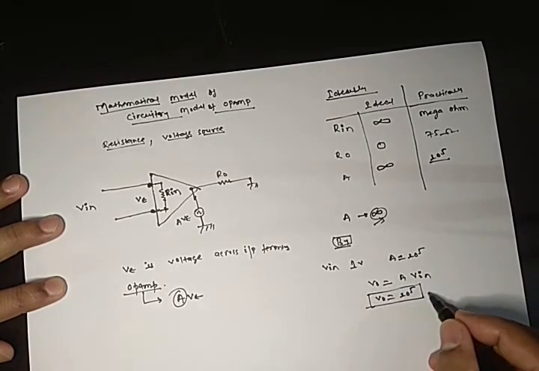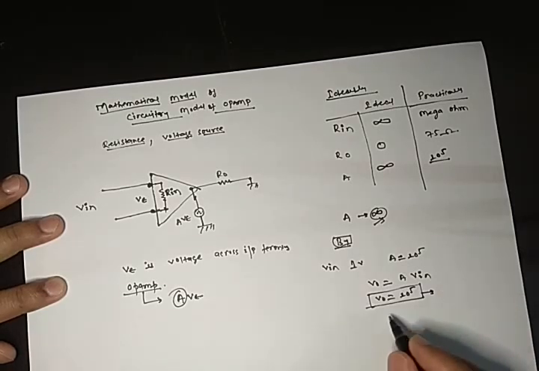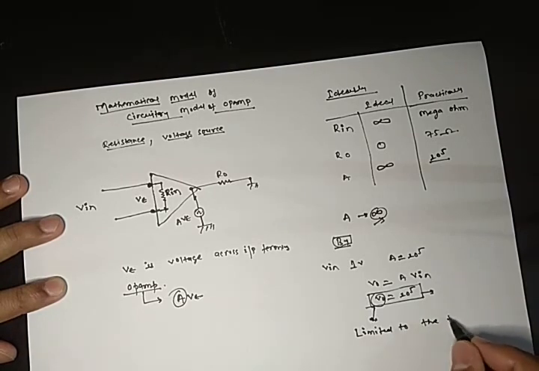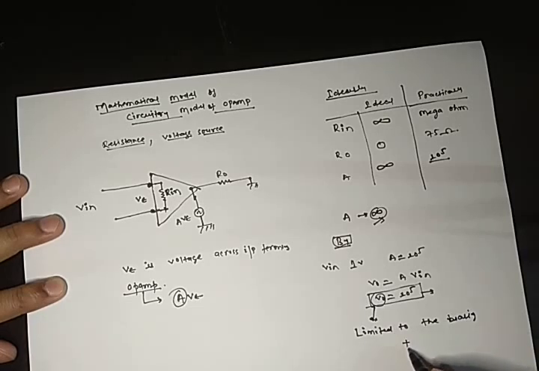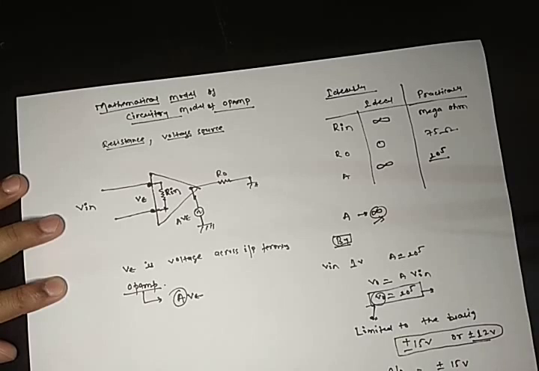But we are not going to get 10 to the power 5 volts, because this output voltage is limited by the biasing voltage. The biasing voltage is plus minus 15 volt or plus minus 12 volt. So the output voltage can maximum vary up to plus minus 15 volt.